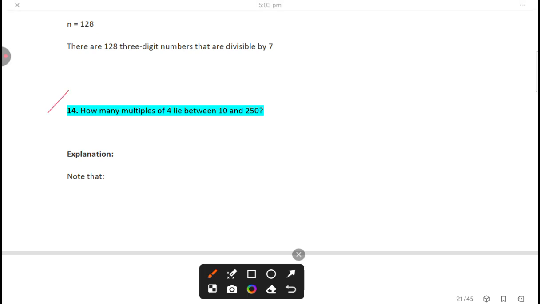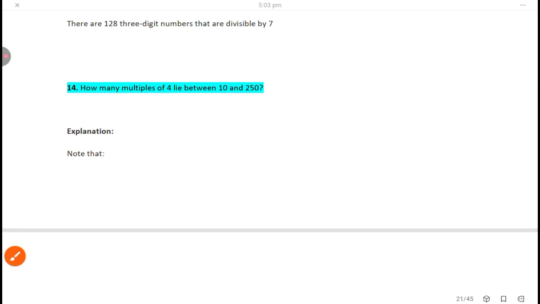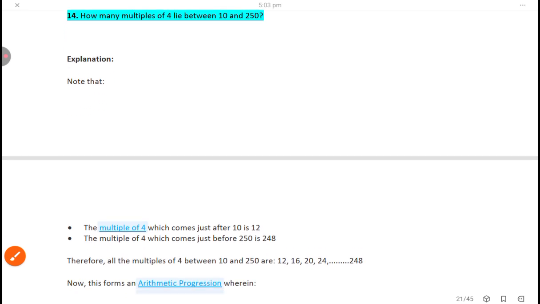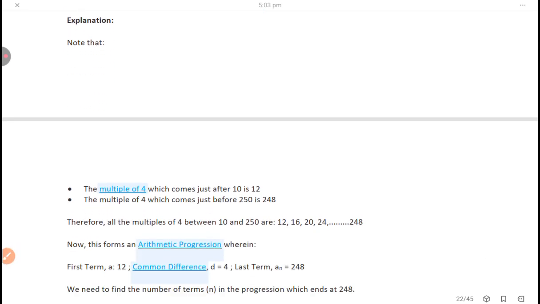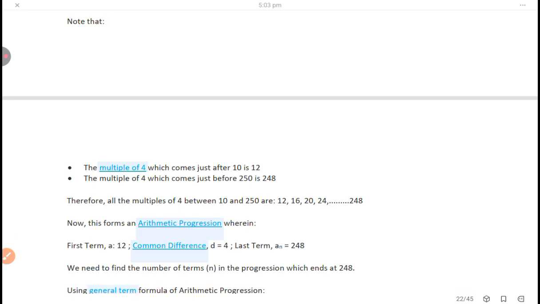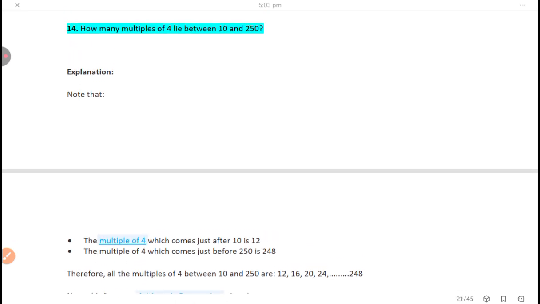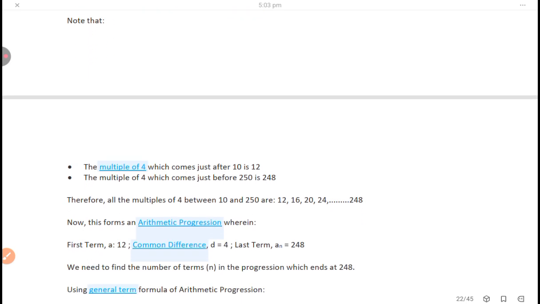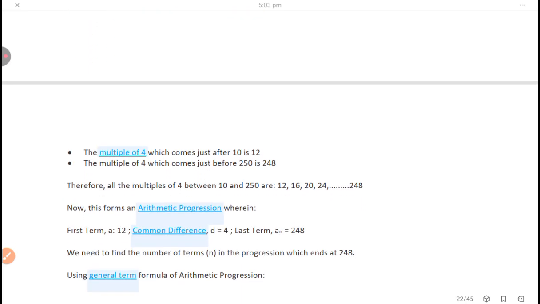14th question. How many multiples of 4 lie between 10 and 250? The multiple of 4 that comes after 10 is 12 only.